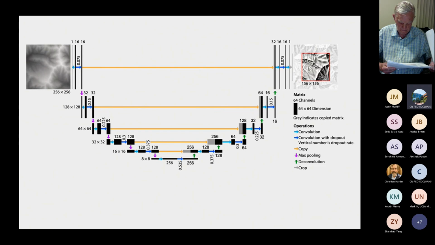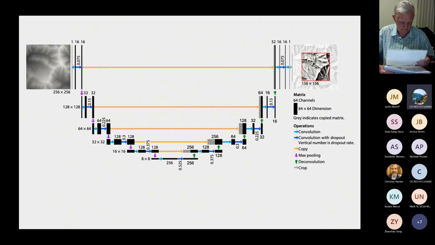And there is a contracting path, on the left side going downwards, and an expanding path then going up to the right side again. So the contracting path extracts information from the input raster, and the expanding path then generates a new raster.